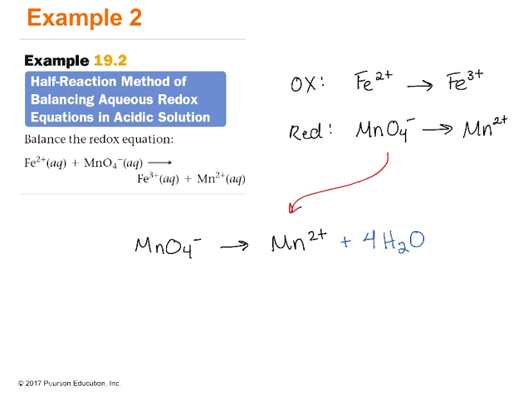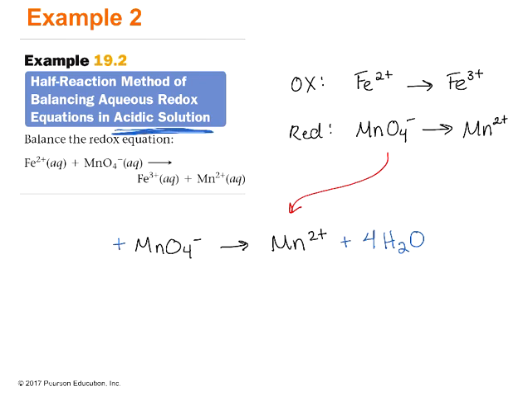Now, notice that when we added water, we also added hydrogen atoms on the right. So now we have to go over to the left and add some hydrogen ions to balance the water molecules. But that's okay because we're in an acidic solution, and in acidic solutions, we naturally have hydrogen ions.